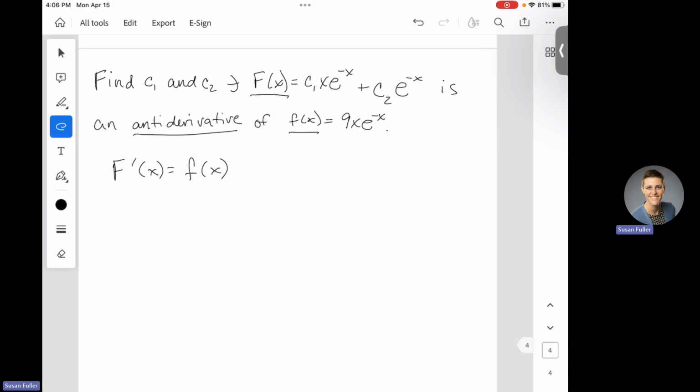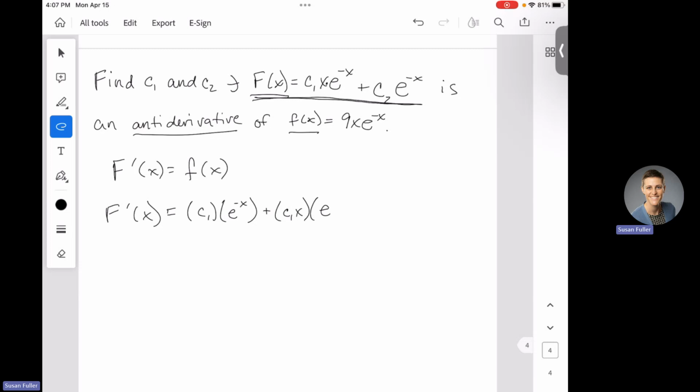Okay, so first I have to find F prime of x, which means I'm taking the derivative of this. Now notice, to take the derivative, I need a little product rule here. So I do the derivative of the first, which is just C1, times the second as is, which is e to the negative x, plus the first as is, C1 times x, times the derivative of the second.